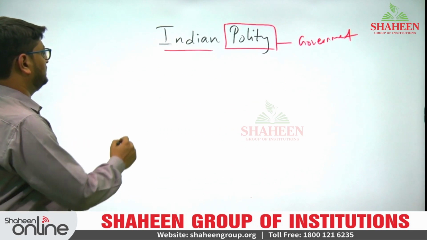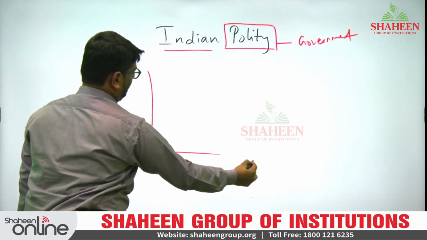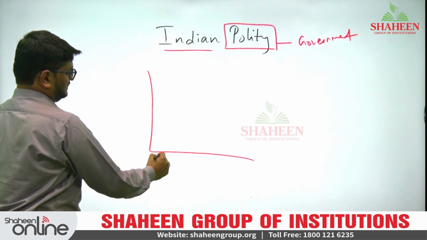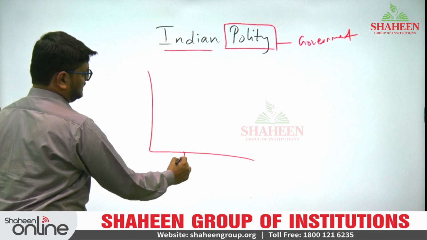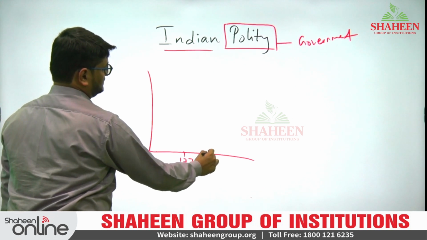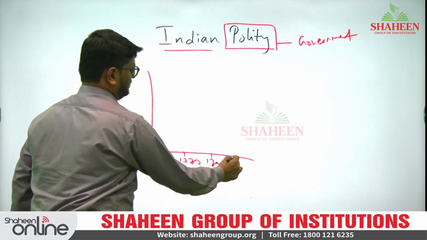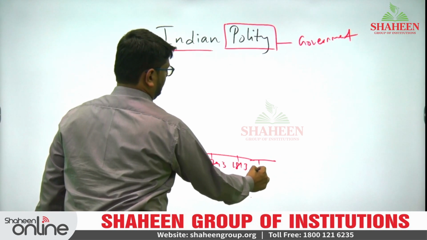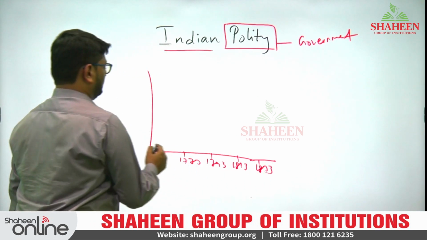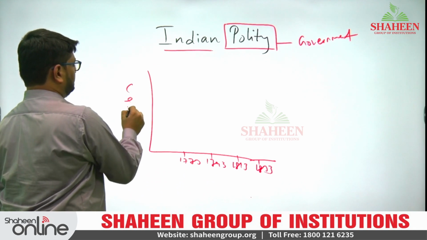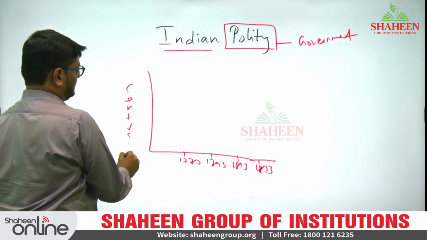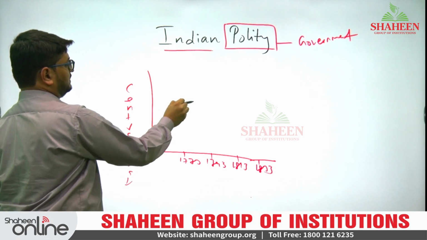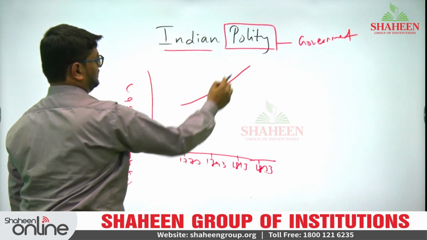If you draw a graph, these are years: 1773, 1793, 1813, then 1833. This is the time of centralization; you can see that the powers started from 1773 just like this.